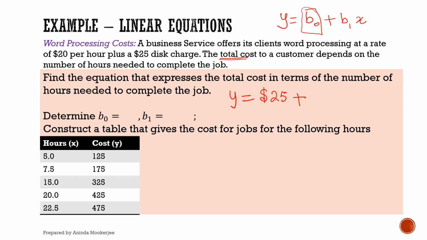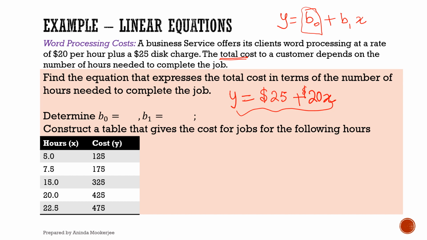So what is going to vary is the number of hours somebody puts into the job. That's going to represent x, and for every hour of x, it's going to cost $20. So this is how the equation is going to look: y equals $25 plus 20 times x.